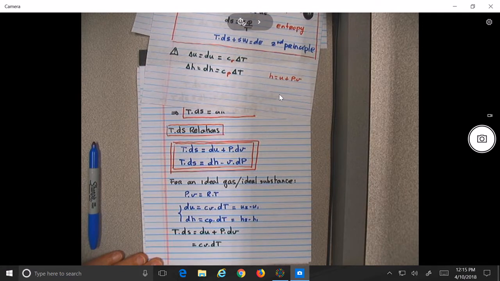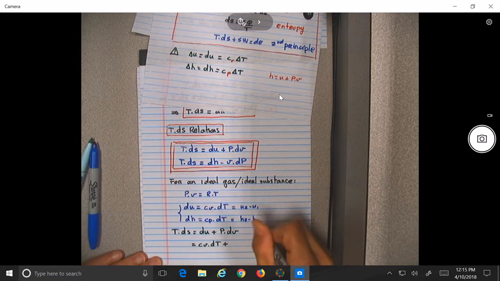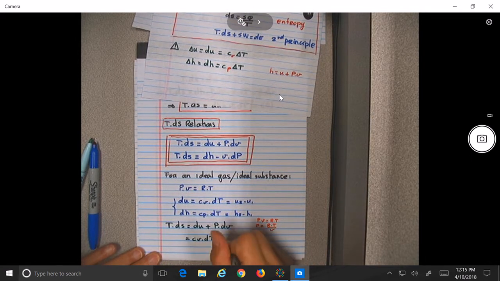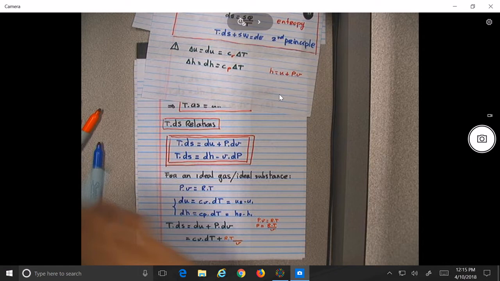CV dT. Plus, what would be P? If we use the relation PV equals RT, P will be equal to RT divided by V. So this will be equal then to RT. Now you maybe see what's going to happen.